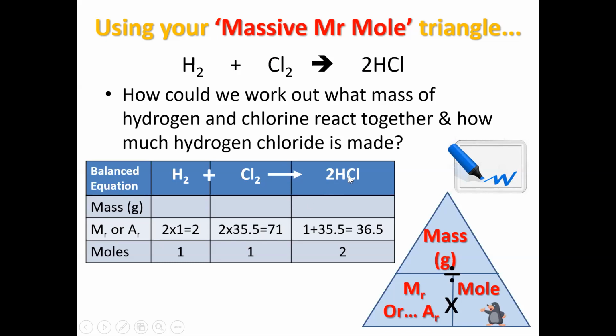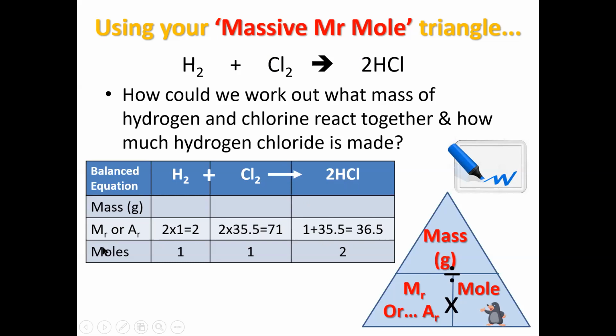And to work out the relative formula mass of hydrogen chloride, you know it's going to be 1, because you've got 1 hydrogen here, plus 35.5 equals 36.5.